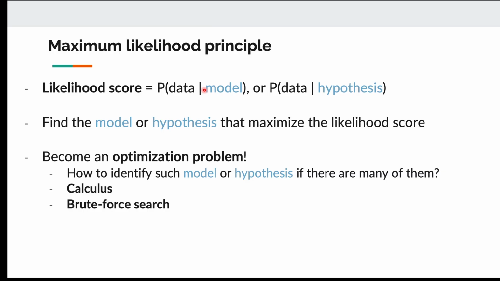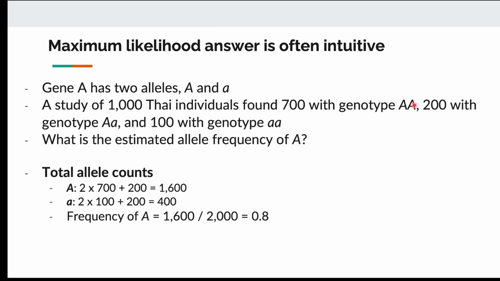We have 700 individuals with 2 capital A, and then we have 200 heterozygous. So in total, we have 1600 alleles of capital A. And we can do the same for the small a. We can count from our sample. So your frequency is going to be 0.8.